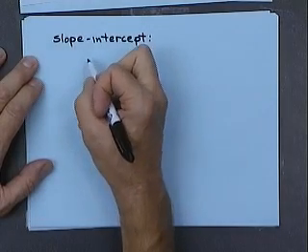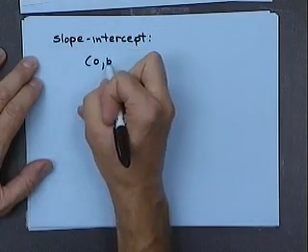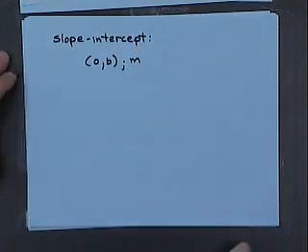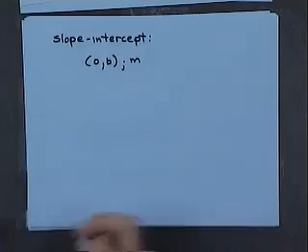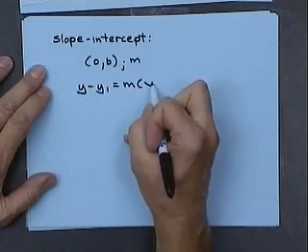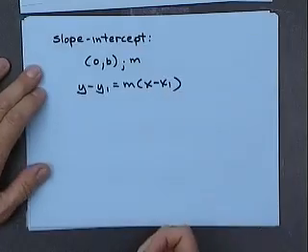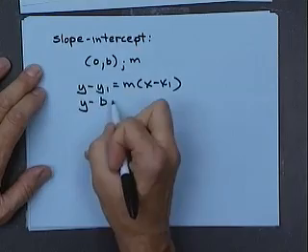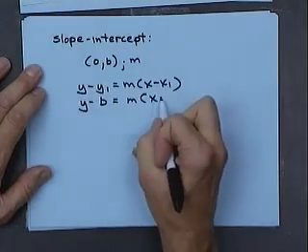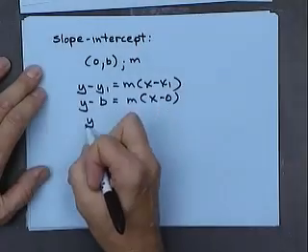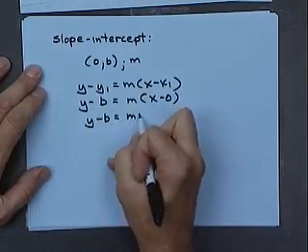Well, if you know the intercept is some point 0, b, and you know the slope, then you can use that point slope that we just had, y minus the known y equals slope times x minus the known x. The known y is b. The known x is 0. Y minus b equals mx.